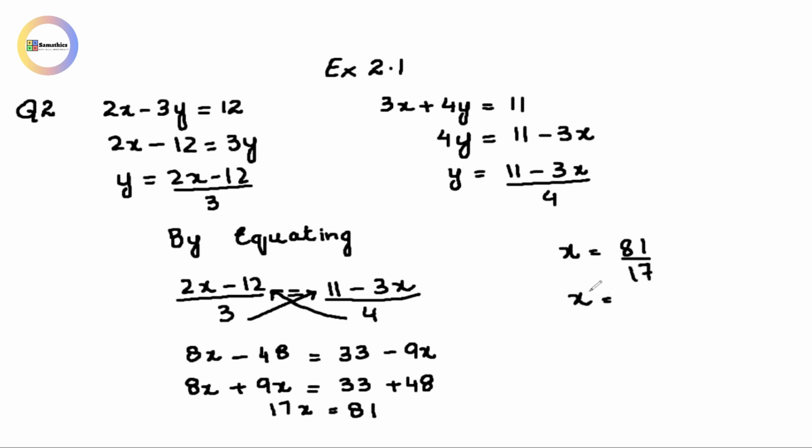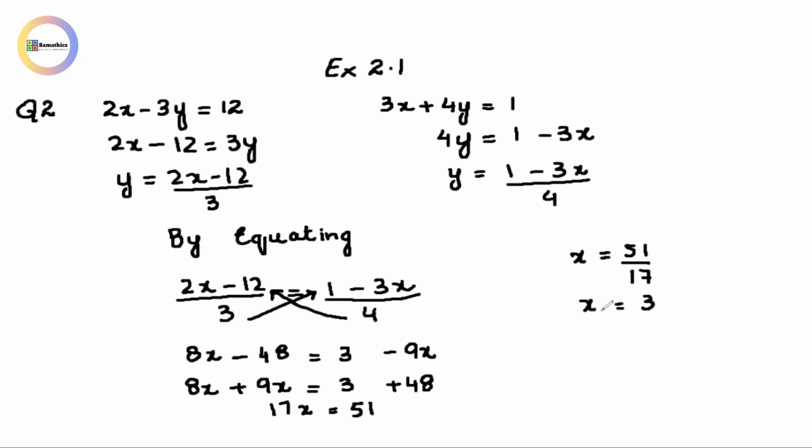So 48 plus 3 is 51, right? And then x is equal to 51 upon 17. So 17 threes are 51. So we have got the value of x.